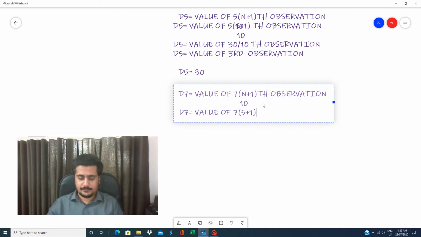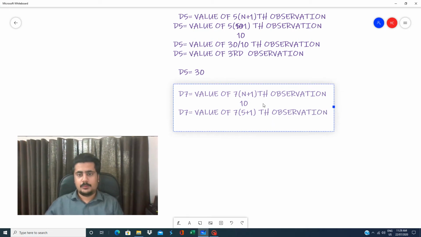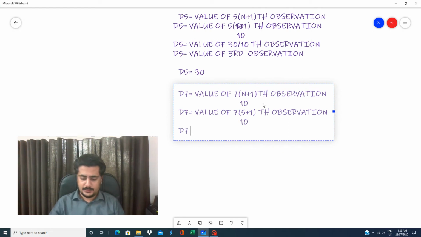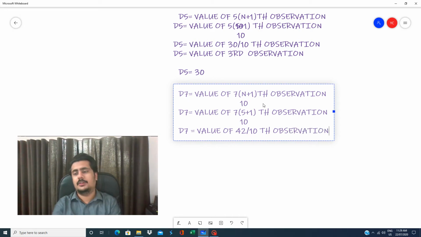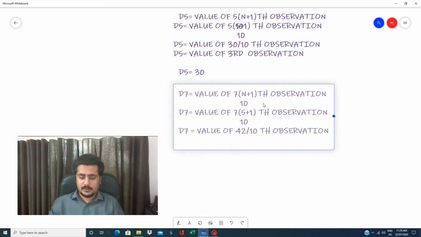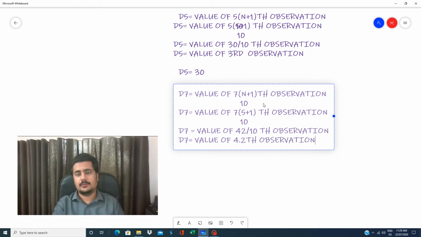Obviously n is 5, upon 10. So D7 is equal to value of 7 into 6, 42, upon 10th observation. So D7 will be value of 4.2th observation. So now this is your answer.